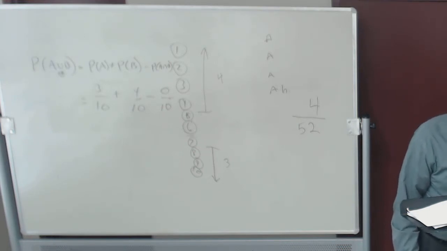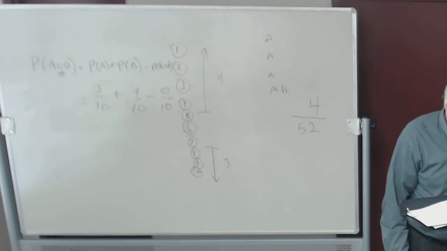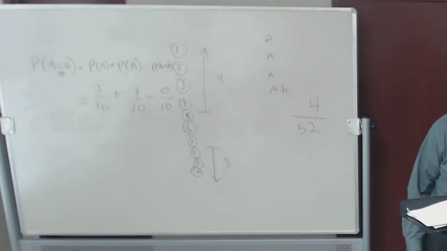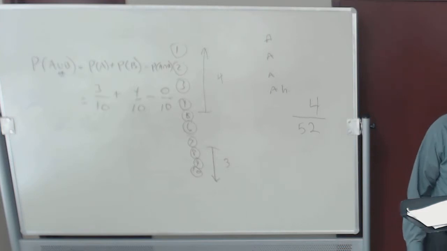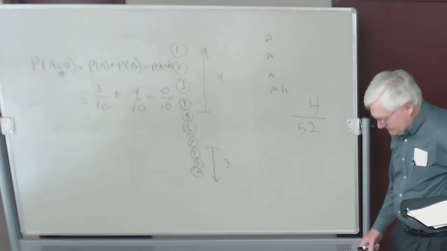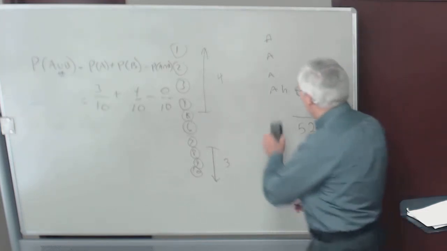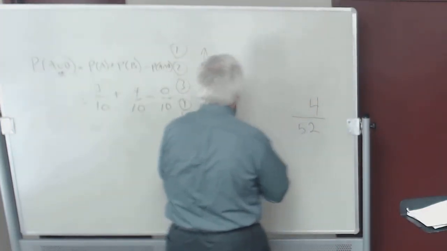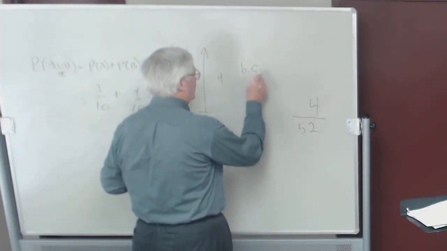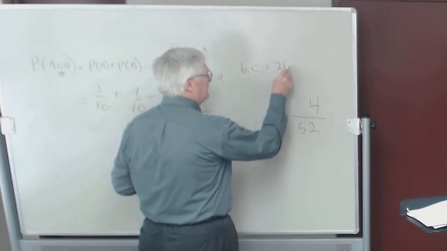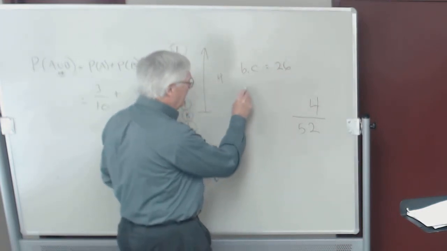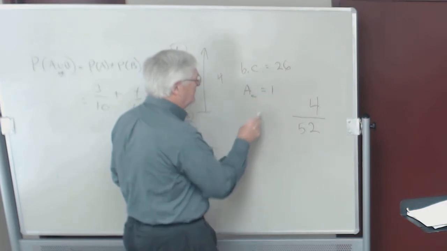Number 12. The ace of clubs or a black card. How many black cards? 26. The ace of clubs, one of those.